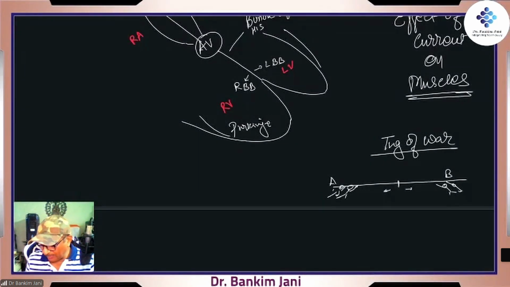Two things. When we find that the rope is going on this side, it means we have to interpret it in this way, that either B is strong or A is weak. You got it? When things are in balance, then things are in the center, so that means A and B are the same. But when we see that the rope is moving in this direction, for some reason B is getting strong or A is getting weak.